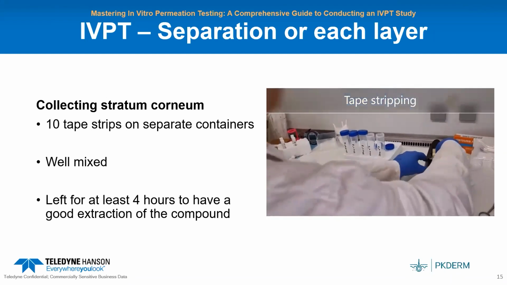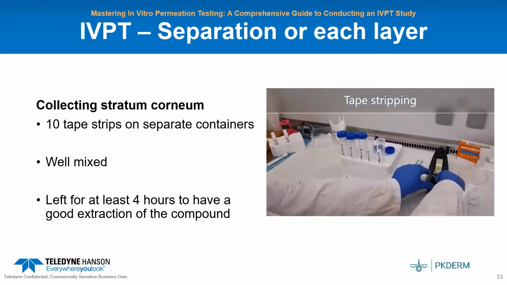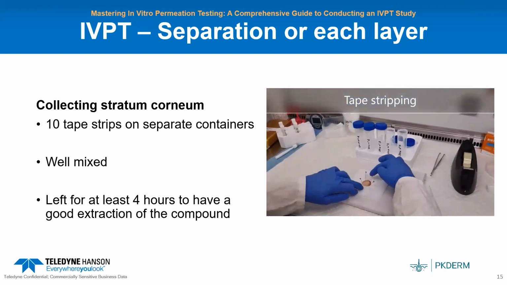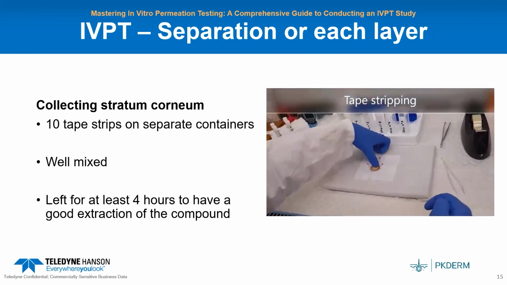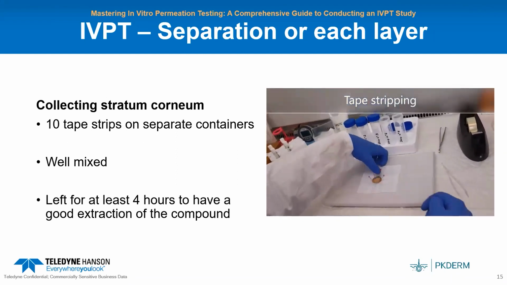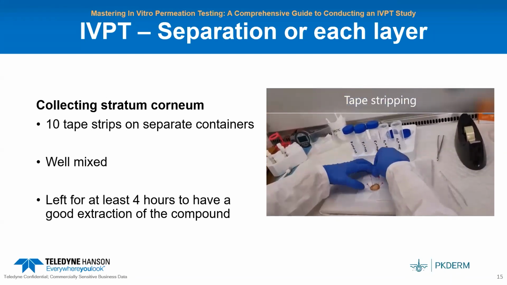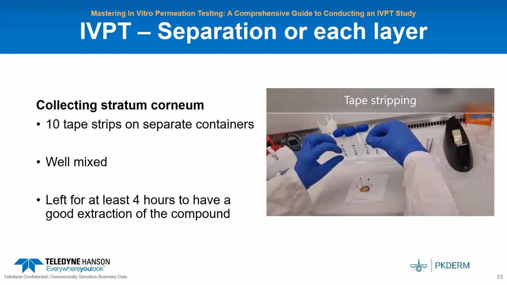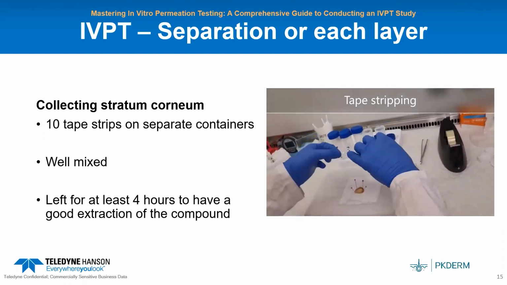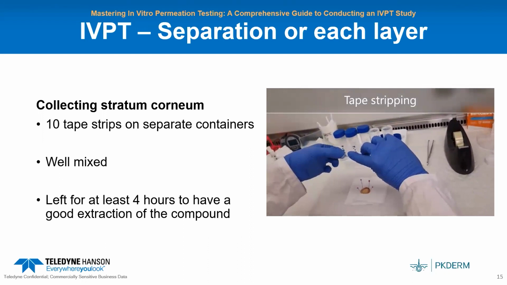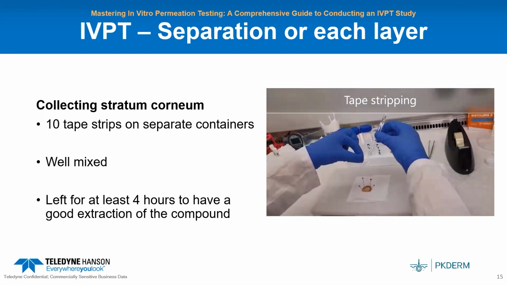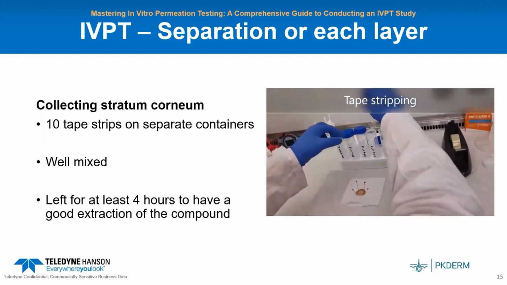We collect each tape strip in one tube containing an appropriate solvent in order to extract our test article from the adhesive tape. And then we can analyze the compound in each layer of stratum corneum.